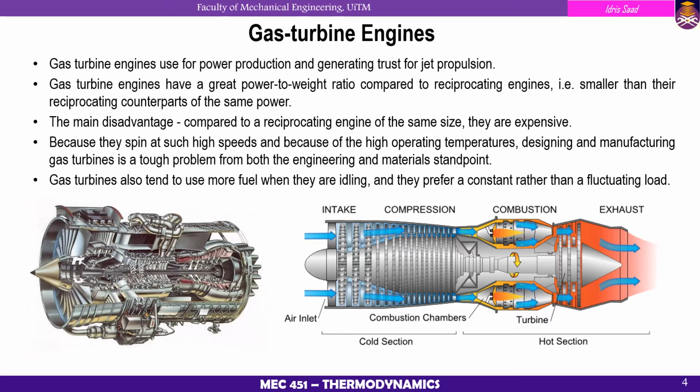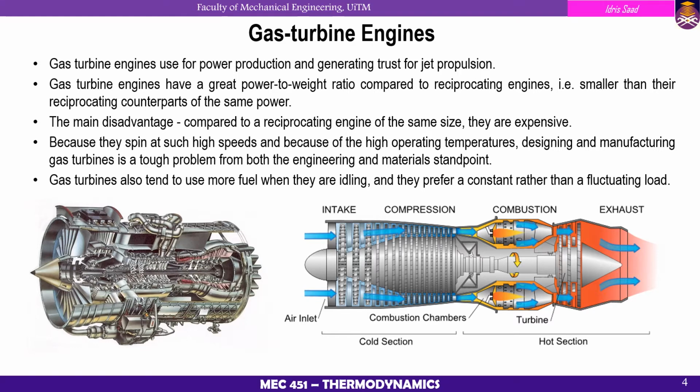It is used to fly the airplane based on the thrust produced, as well as generating the electricity for usage in the cabin, since it is not practical to take the electricity from the terminal by cable while the airplane is flying. For this subject, we only cover the second purpose of the gas turbine engine, which is power generation to generate the electricity.